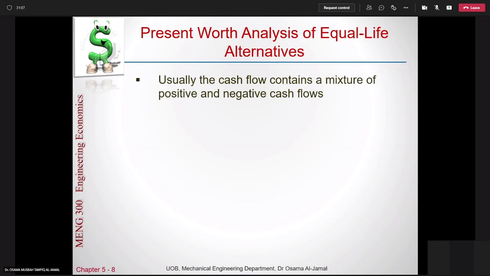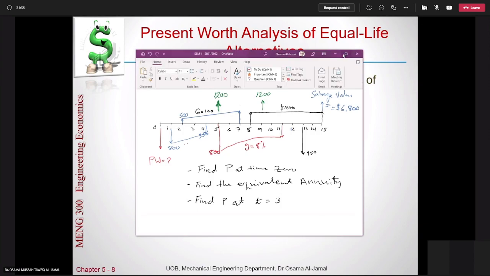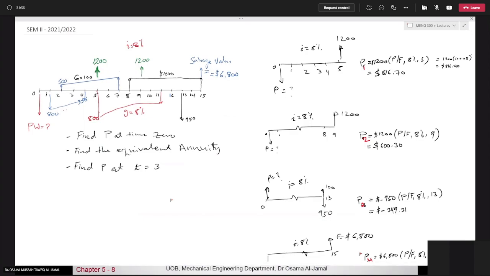Usually, the cash flows contain a mixture of positive and negative cash flows, up and down, like what we did in the last lecture. If they are up, it means the present worth for it is upward. If we bring it to time 0, the present worth of it is upward.